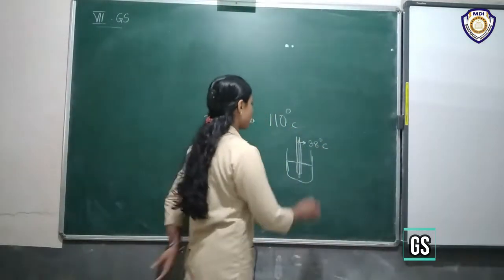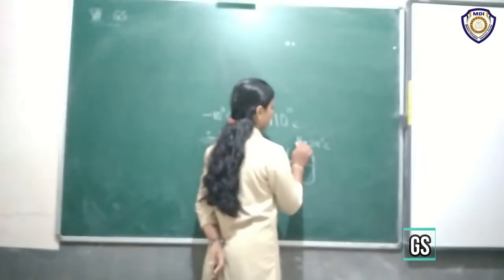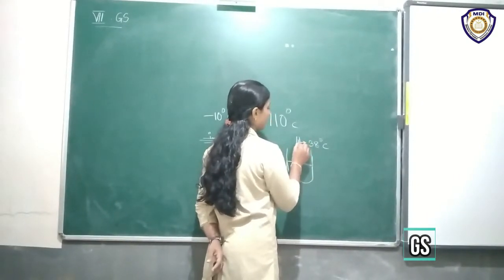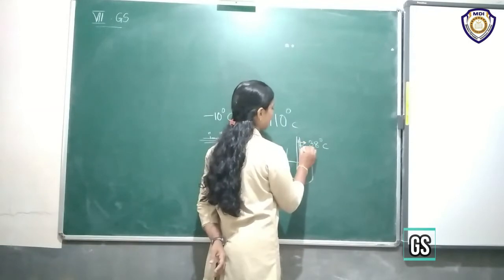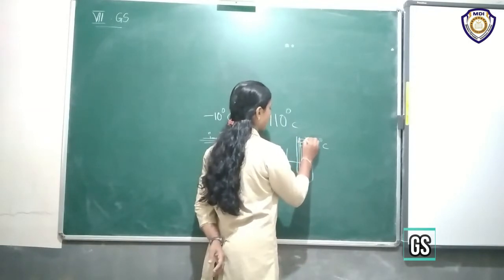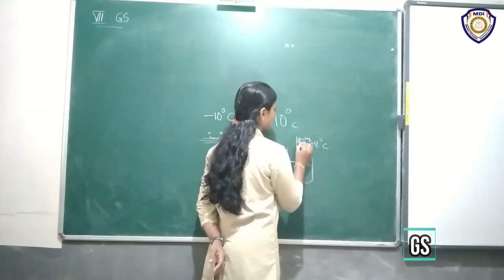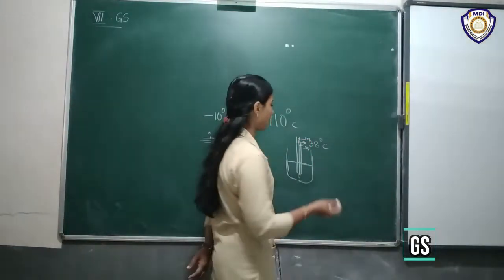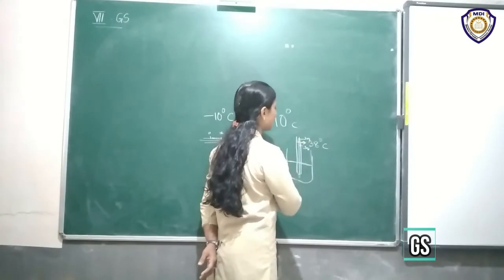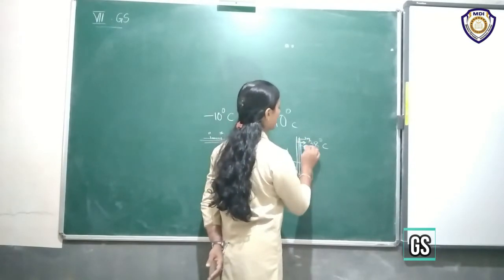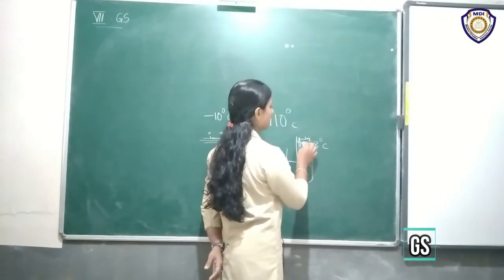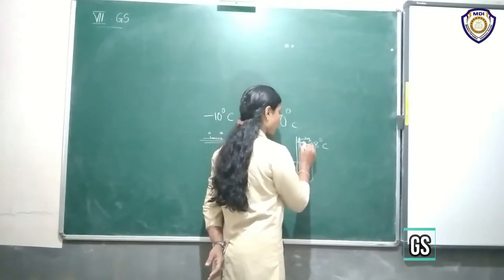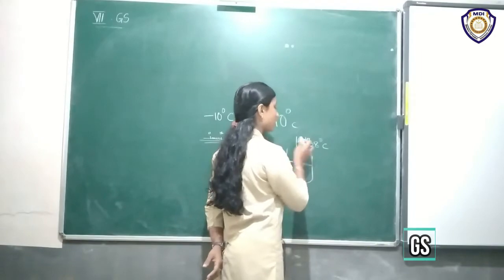And suppose the mercury thread or mercury level falls in between 38 and 39, on the third line, or fourth or fifth, any line. If it is on the third line, what will be the value? It will be 38 plus 0.1, 0.1, 0.1, that means 0.3.